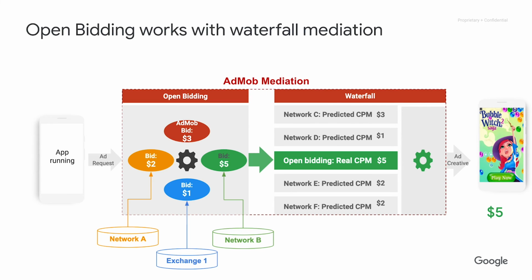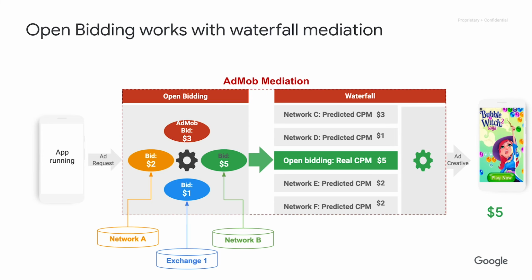We still respect that because you'd have a good idea of what the CPM of each ad network or ad source is. So with that, we'll run the traditional waterfall as we used to, with the open bidding winning line item in there. And then we find the best eligible ad creative, and it will be served to your ad. And that will maximize your revenue.